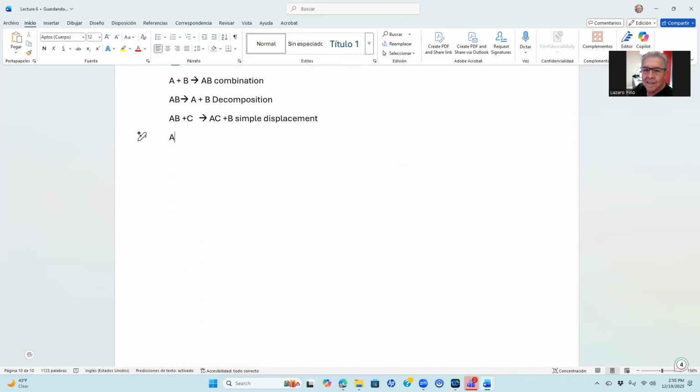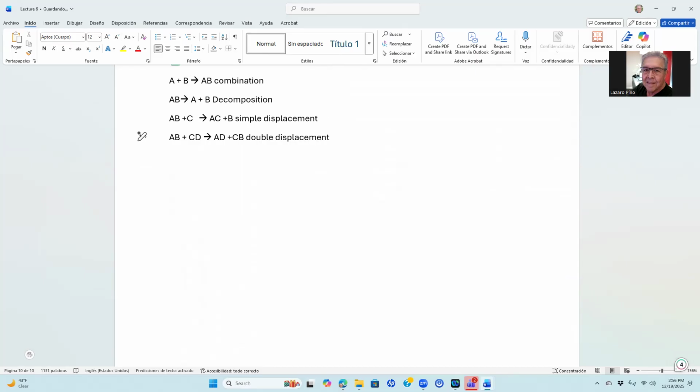But if you have AB plus CD that produces AD plus CB, in this case it is a double displacement.